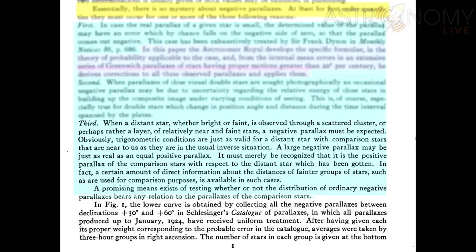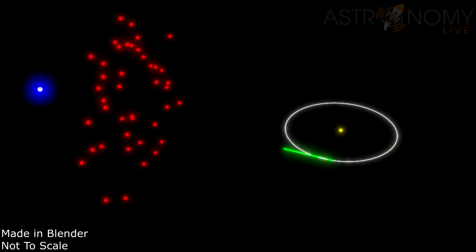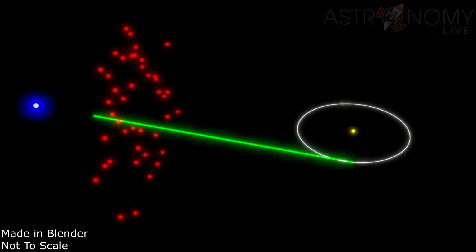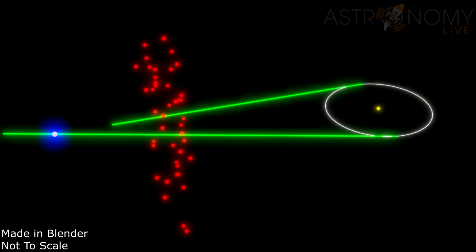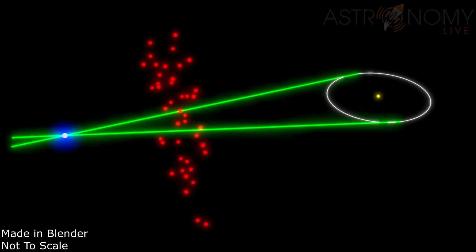Because we're measuring parallax relative to other stars that we assume are in the background, generally because they're fainter, if it turns out that those stars are actually intrinsically faint and closer than the star that we're measuring, this can also produce negative parallax. Once again, we have a bright blue star that we're measuring using observations 6 months apart, and once again we find that the sightlines intersect behind the reference stars, producing negative parallax.